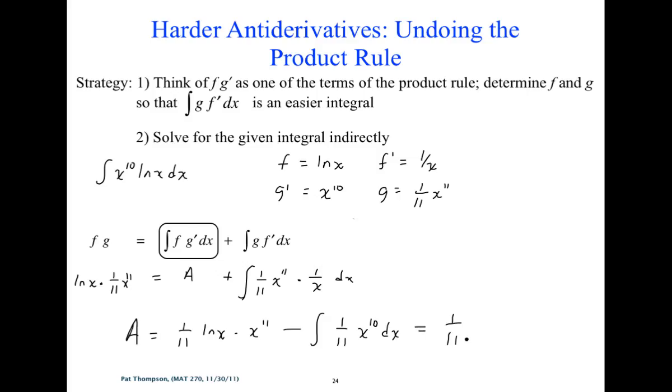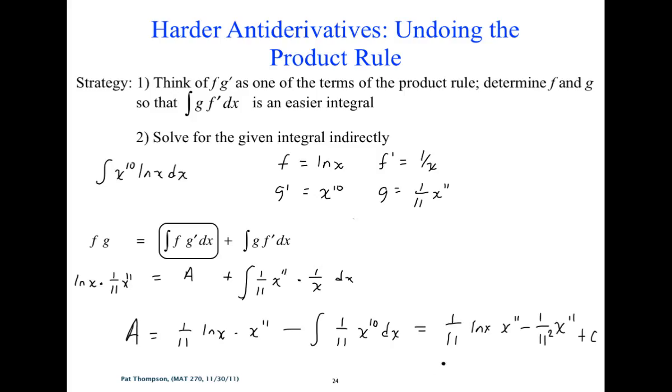So we got 1/11th ln x, x to the 11th, minus x to the 11th times 1 over... we need another 1/11th, right? Yeah, so 121, plus c.